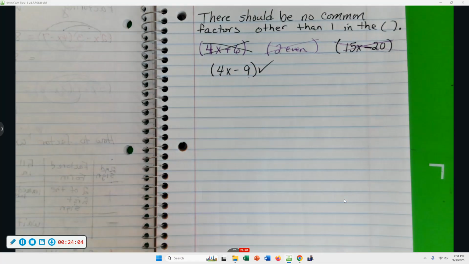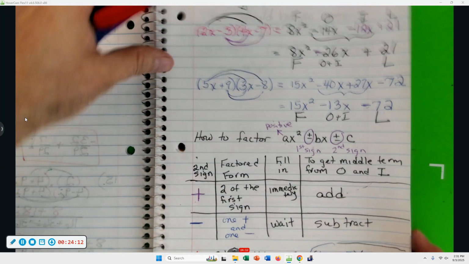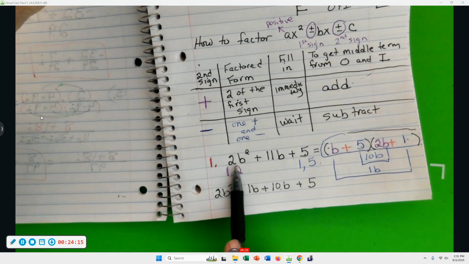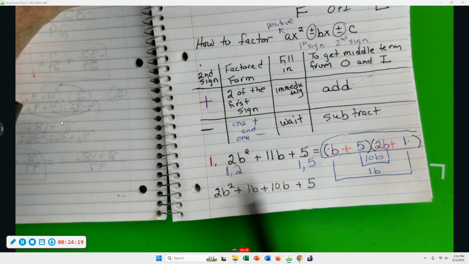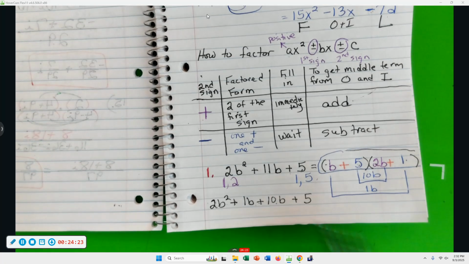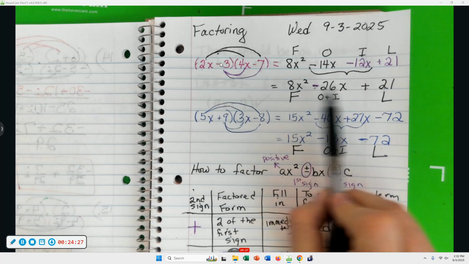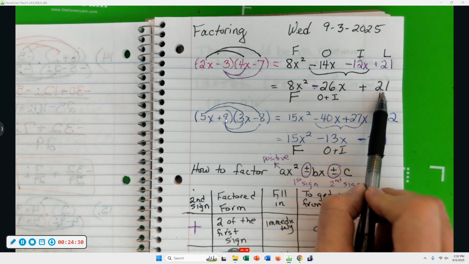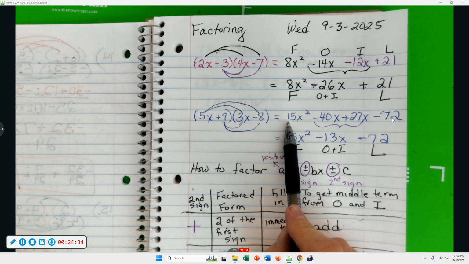Sometimes that'll knock out a lot of possibilities. The first one we did was really nice because it was a 2 and a 5, both prime numbers. What if this 2 had been a 12? Look at this second one. Last times last is 72.